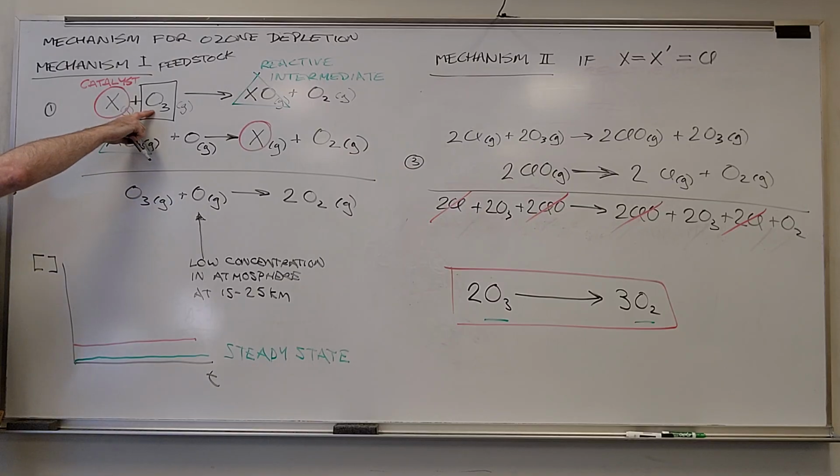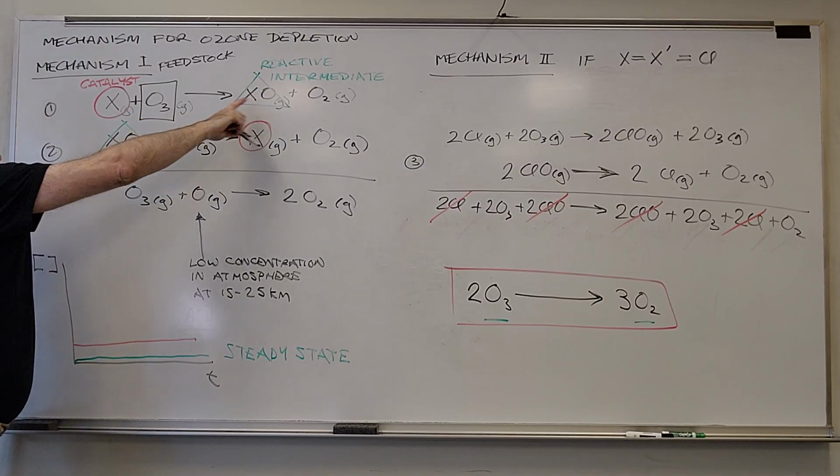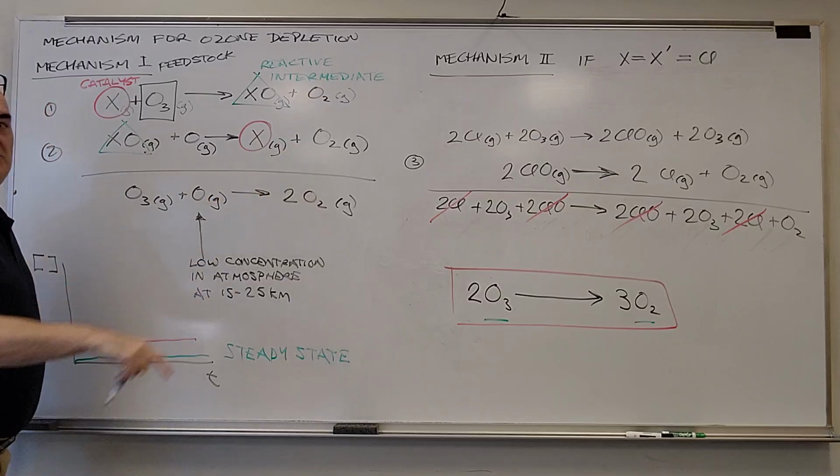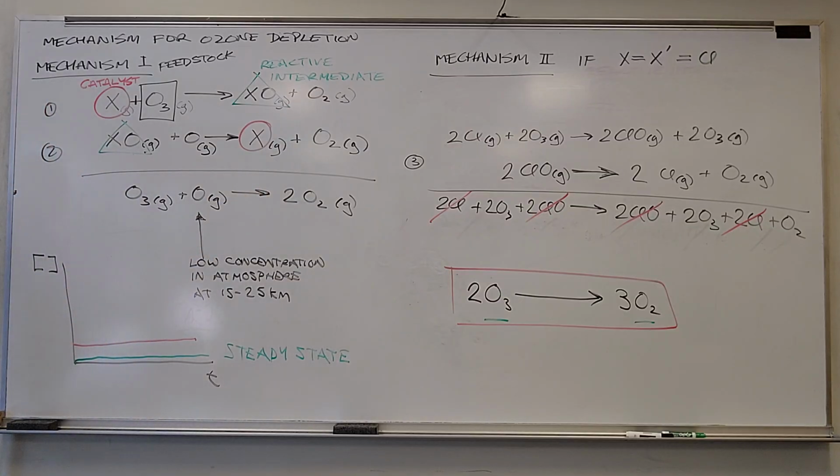It starts with the real value, and then it's gone. Our overall reaction says you start with some ozone and you end with none. So given enough time, this reaction will consume all of the ozone.